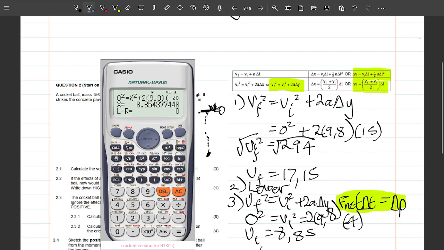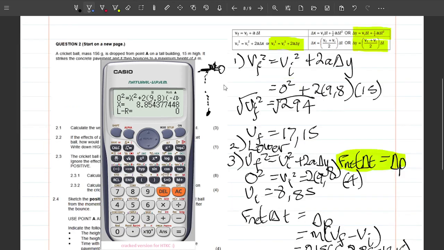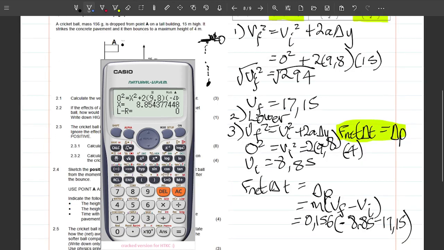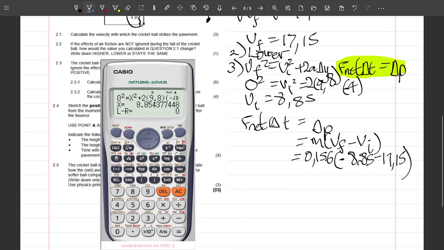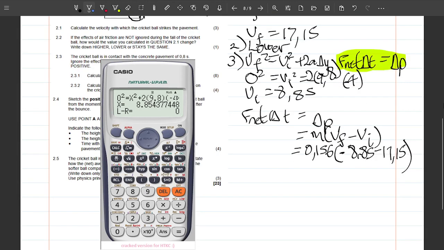However, for it to come back, the final velocity of that previous one became the initial velocity to come back up, and that's what we were doing. So the final velocity we calculated before becomes the initial velocity of this one, okay, and then the final velocity is basically the substitution that we just made now.